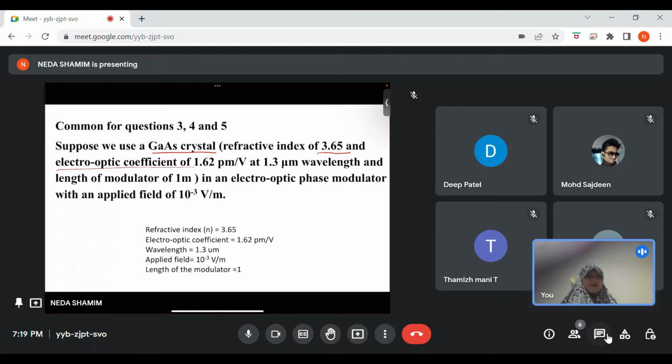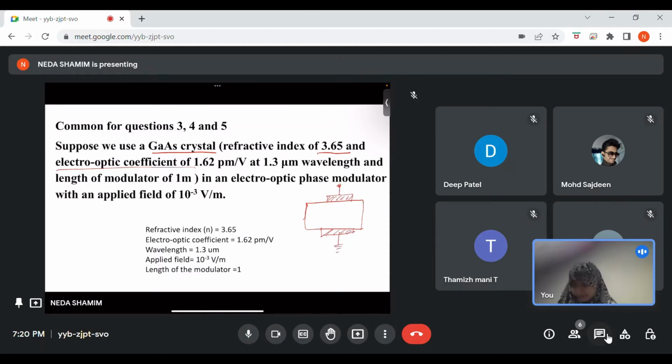Can you draw a picture of how the cell will look? So this is your whole modulator. This is a Pockel cell, and these are the electrodes which I've put over here.